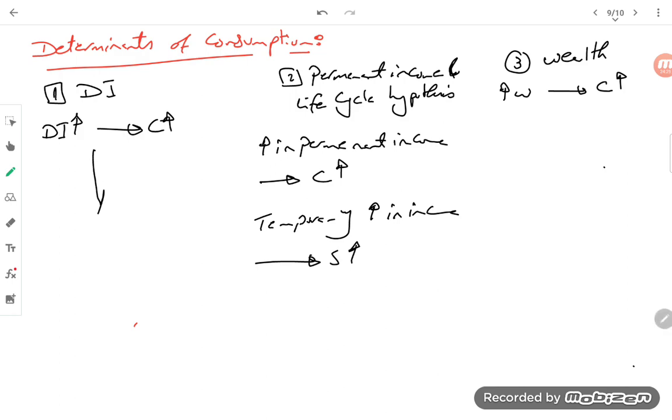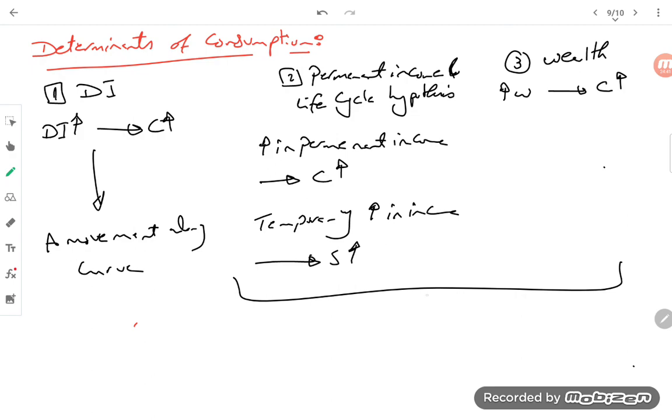Actually, factor number 1 will cause a movement along the curve, or in other words, we are going to move from one point to another along the consumption function curve. While with respect to wealth and permanent income, they are going to cause a shift in the consumption function curve. If they are going to increase consumption, the curve will shift to the right and vice versa.